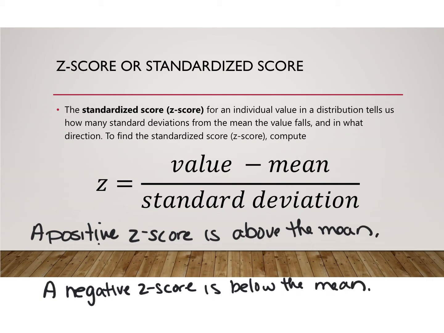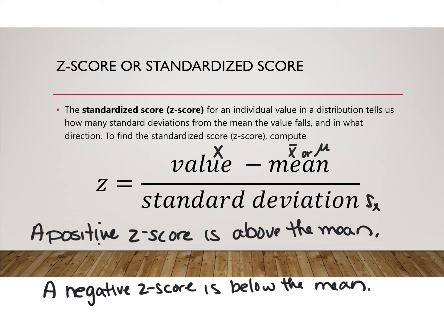Okay, so the calculation for a z-score is the value, sometimes abbreviated x, minus the mean, abbreviated with x bar or mu. Mu is a Greek letter for m. Both mean the mean, divided by the standard deviation.